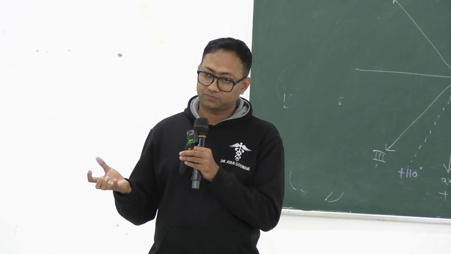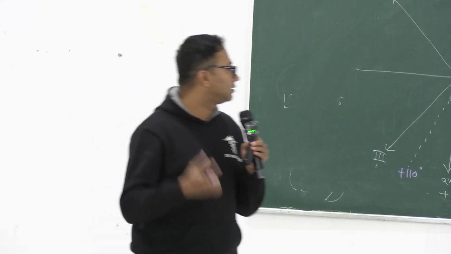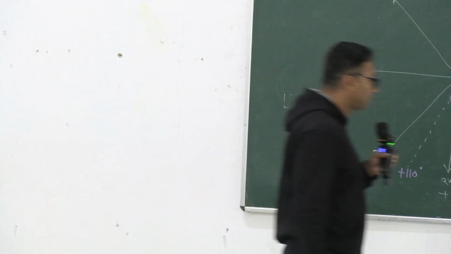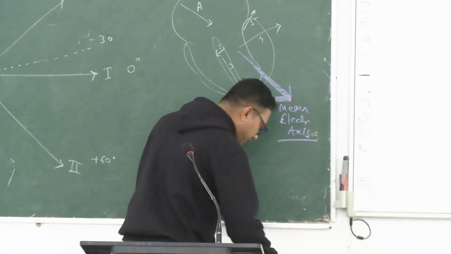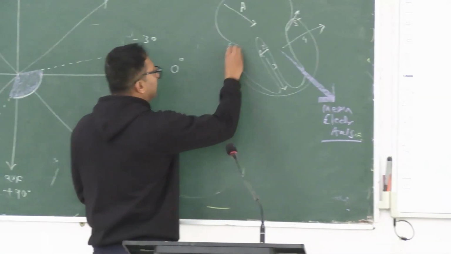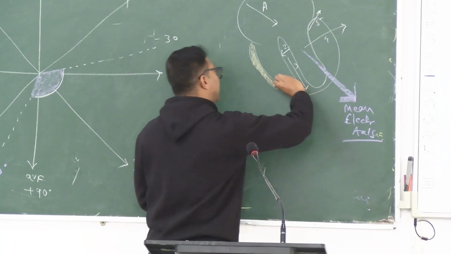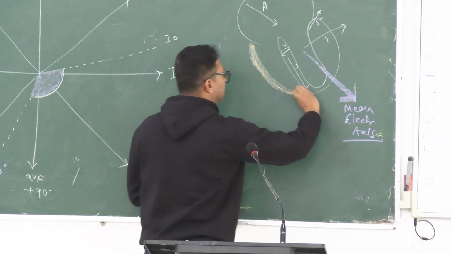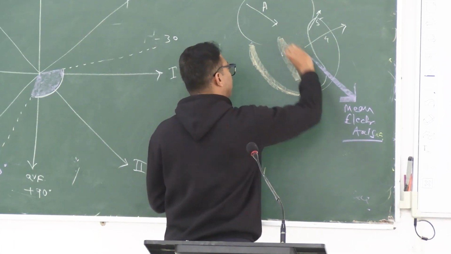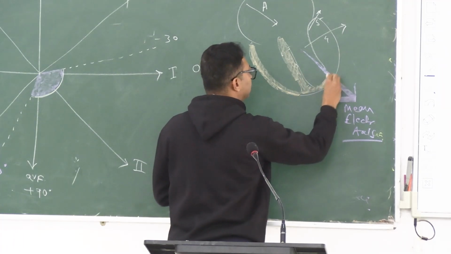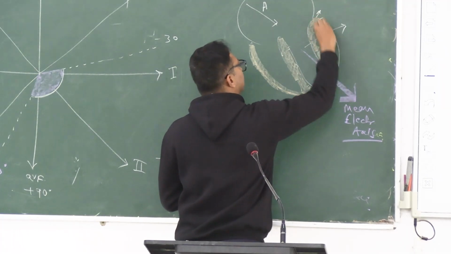Take the right ventricular free wall, the interventricular septum, and the left ventricle.